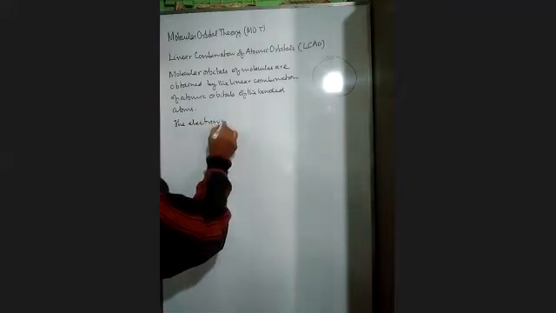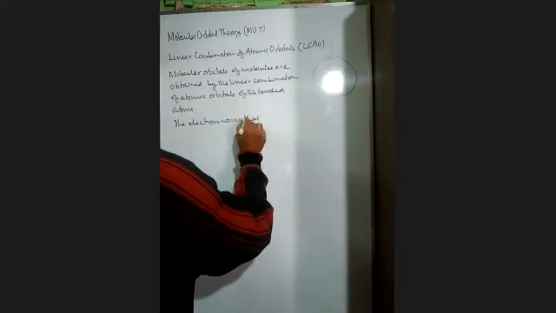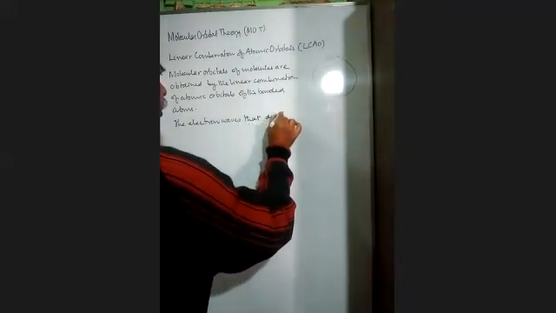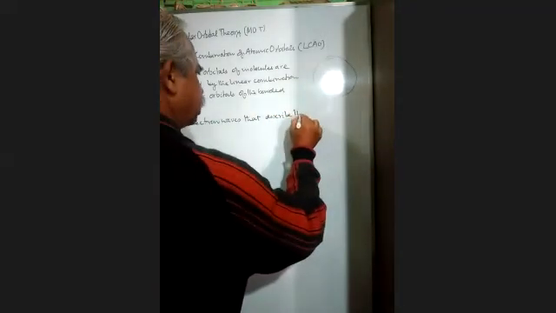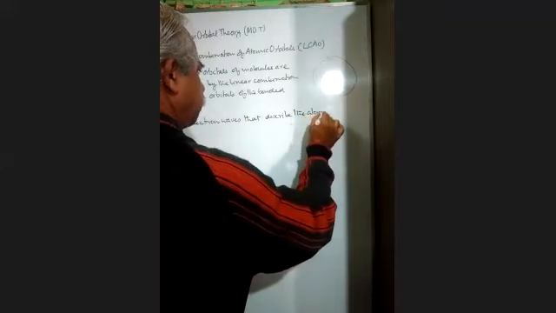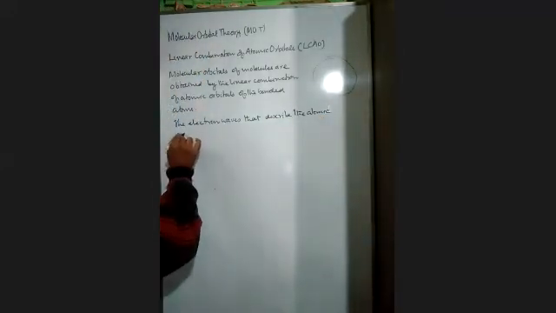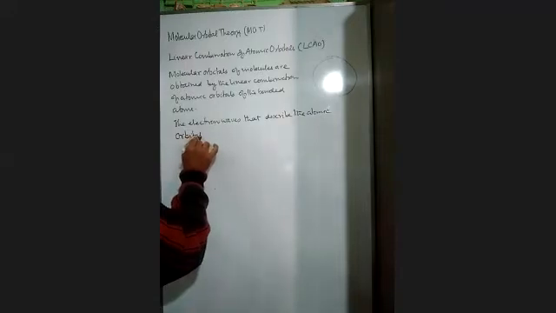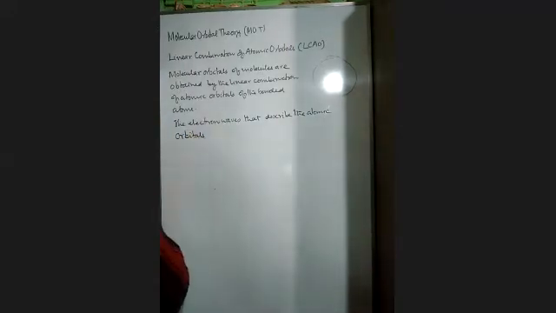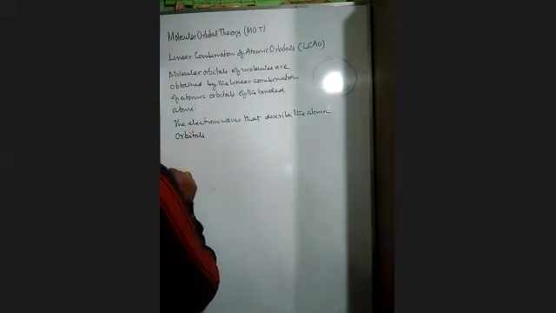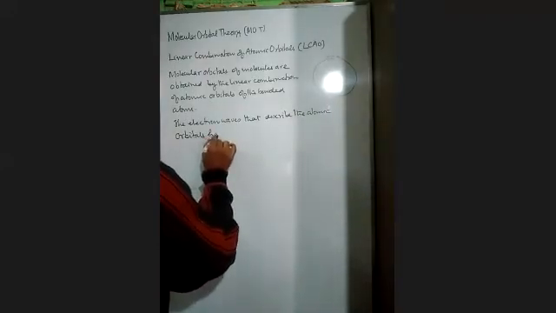The electron waves that describe the atomic orbitals have positive and negative phase.